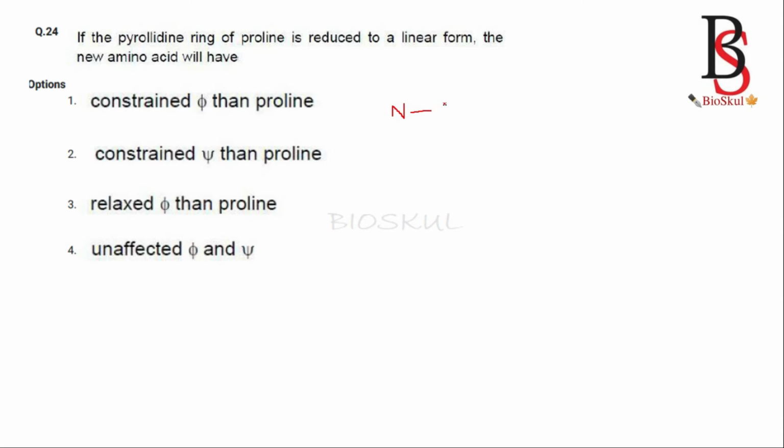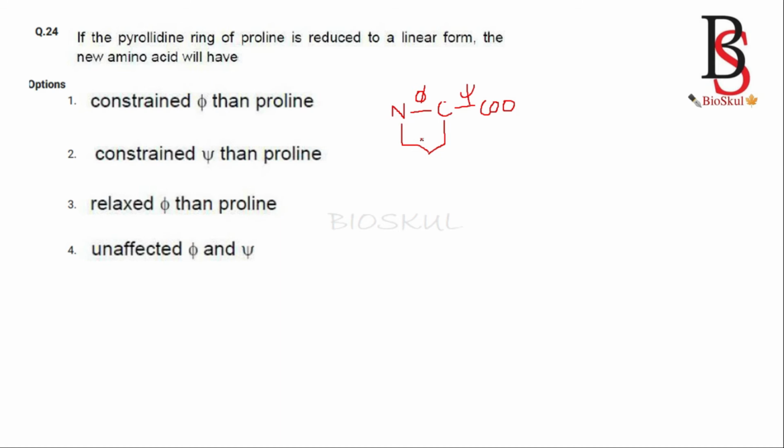Proline has nitrogen, and this is the phi bond and this is the psi bond and the pyrrolidine ring. The pyrrolidine ring, or the R chain, is associated with the amino group.